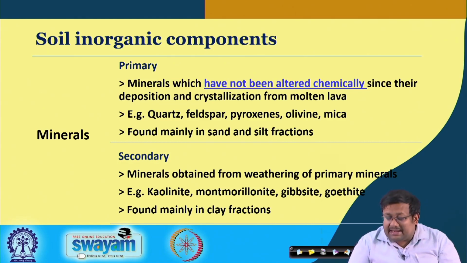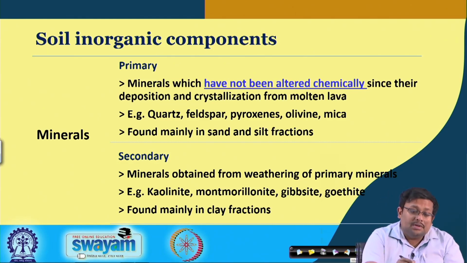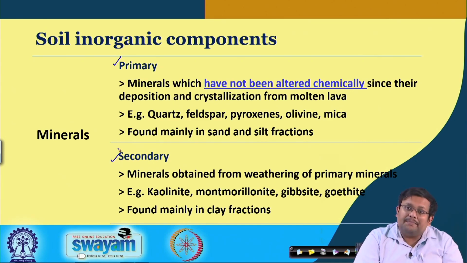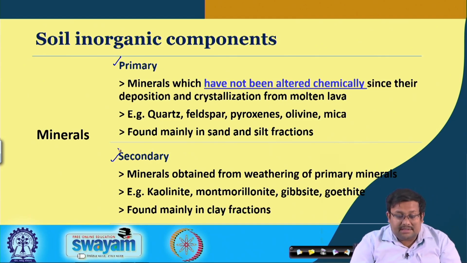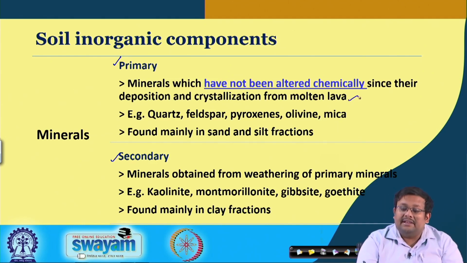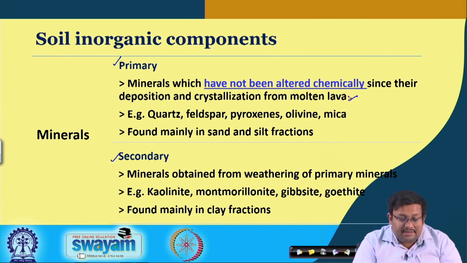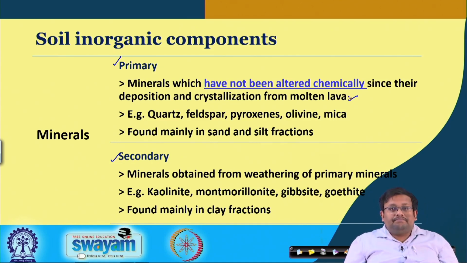Well, we can classify the minerals into primary minerals and secondary minerals. Okay. So, what is the difference between primary minerals and secondary minerals? The minerals which have not been altered chemically since their deposition and crystallization from the molten lava are known as the primary minerals. You know that all the minerals are developed from weathering of the rocks.